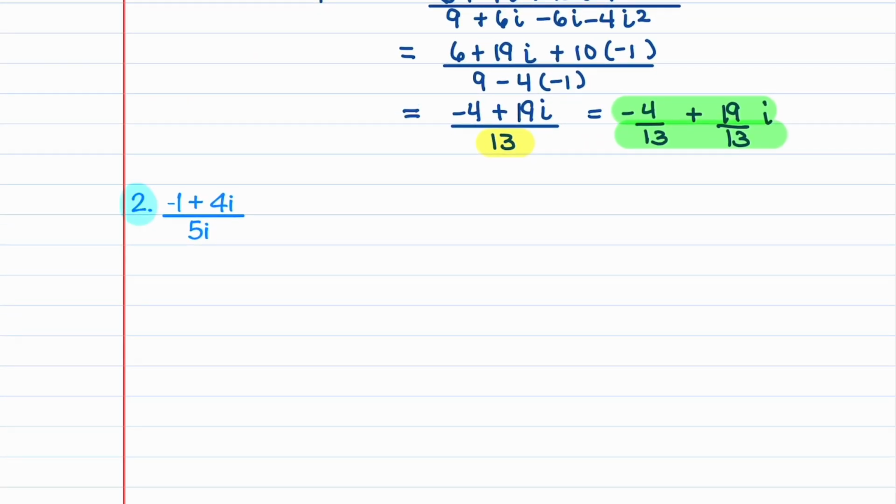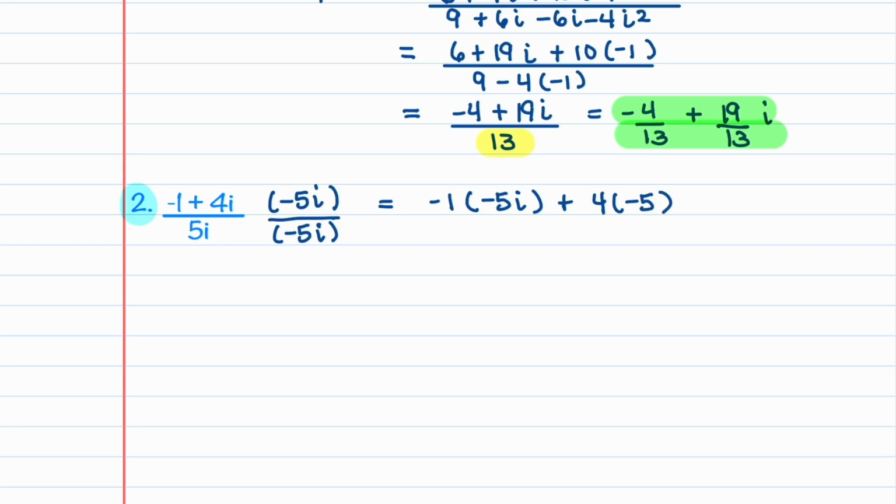Let's now look at our second example. The first thing that we're going to do is multiply by the complex conjugate. So remember, the complex conjugate, you just take the number and then the term that has the i gets a negative. So we're going to multiply by minus 5i on the top and minus 5i on the bottom. On the top, we have a minus 1 times a minus 5i plus 4 times minus 5, and then we have an i squared.